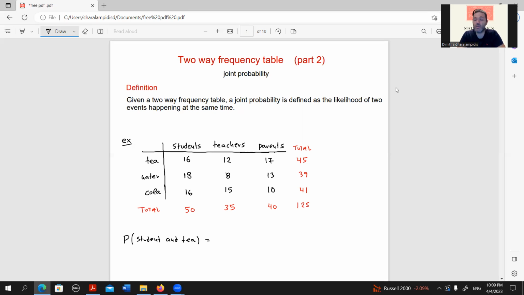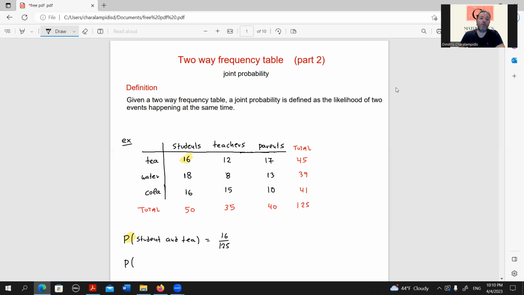Here, assuming that we randomly select one person, there are 125 different outcomes, different such selections. How many of these, however, satisfy what I need? In how many of them will we get a student that prefers tea? It would be, obviously, in these 16 cases. So the probability of a randomly selected person being a student that likes tea is equal to 16 over 125.